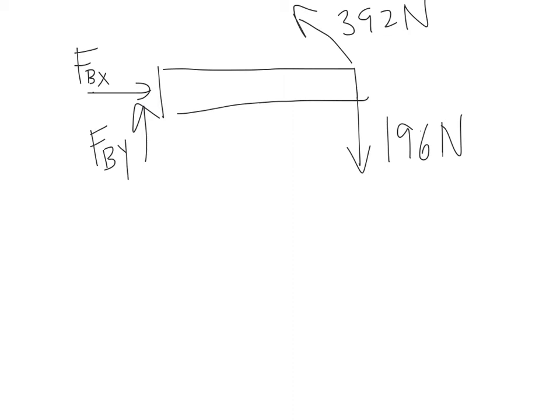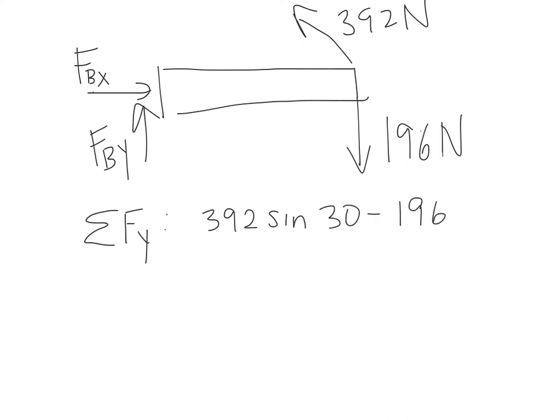So to find the force beam in the y direction, I'll do the sum of the forces in the y, and that's going to be 392 sine 30 minus 196 newtons plus F beam y equals 0.